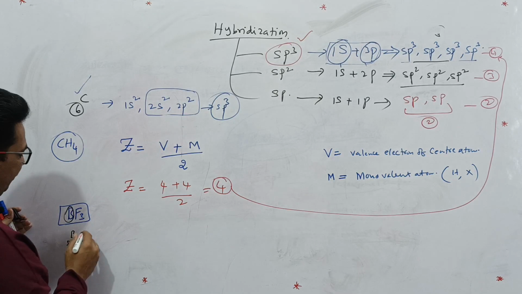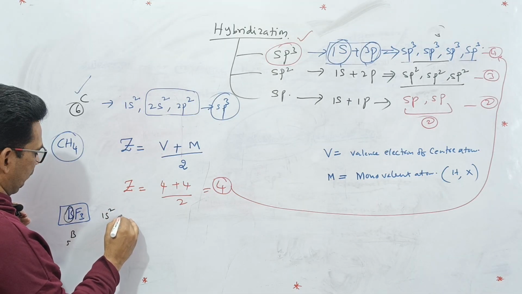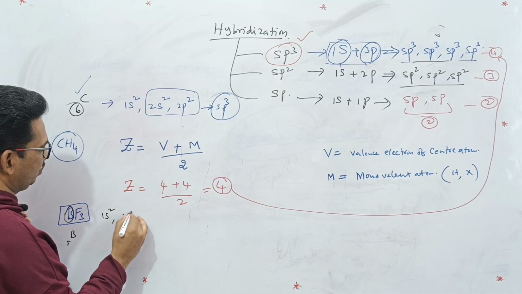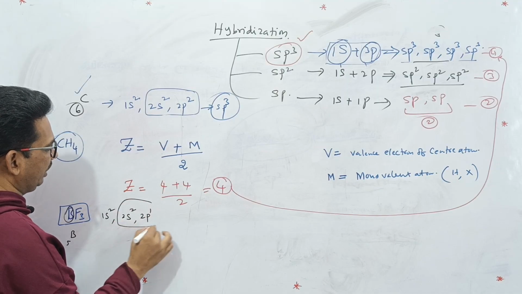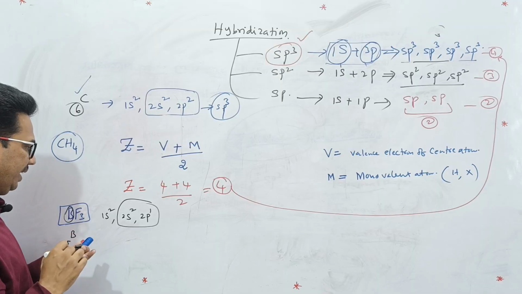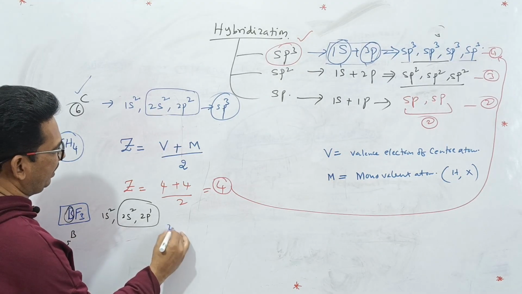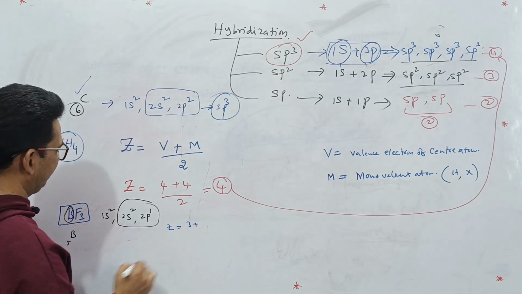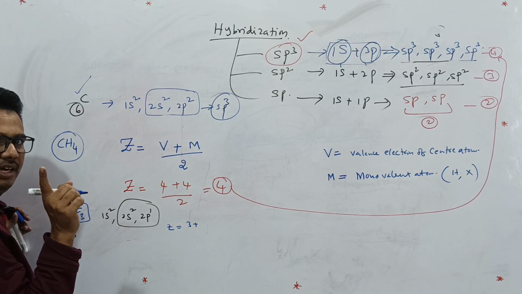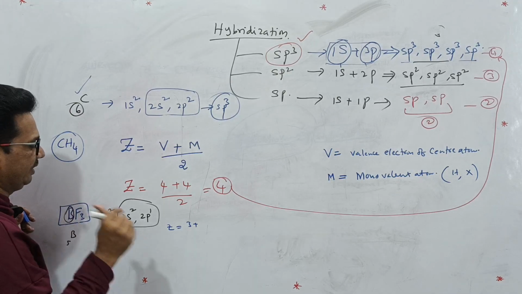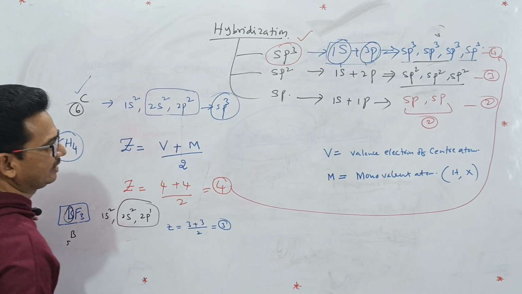Then write the electronic configuration for boron. 1s2, then 2s2, then 2p1. Then in total in the outer shell how many electrons are there? 3. Now I will write Z is equal to 3 plus how many monovalents are there? Monovalent means hydrogen or halogens, as I told. 3 plus 3, divided by 2. What is the answer? 3.